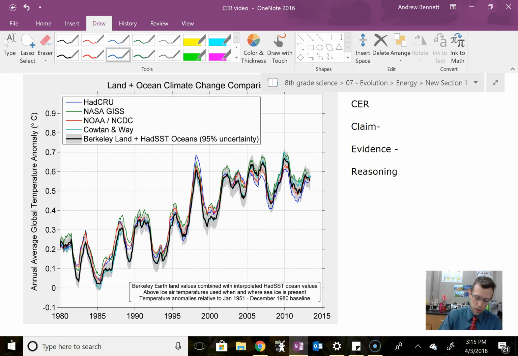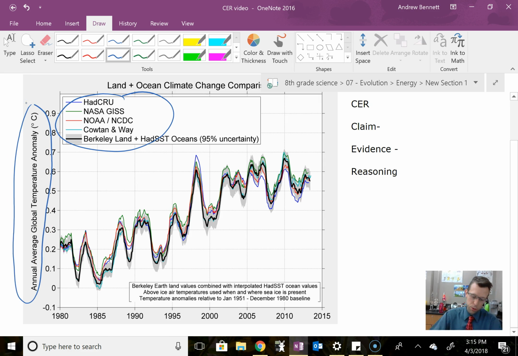So first off, interpreting this, we have all these different lines. Those represent just the different sources of this information. And when we track those different lines, we see they're mostly in very close agreement. Over on this side, we have annual average global temperature anomaly. So the idea behind that is that we take some average value for global temperature over some time period, relative to the January 1951 to December 1980 average, which is what we're basing this on.